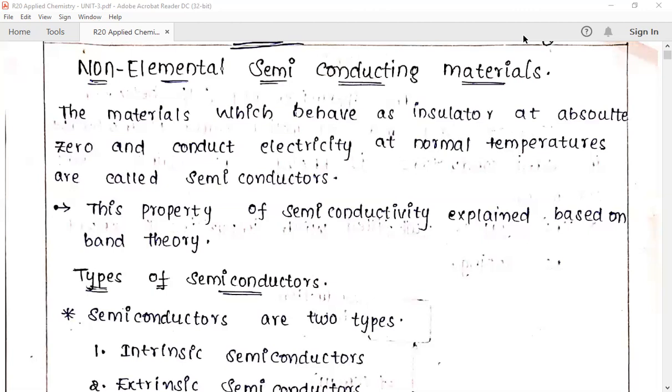Non-elemental semiconductors are again of two types. They are stoichiometric semiconductors and non-stoichiometric semiconductors, which I'll explain later.